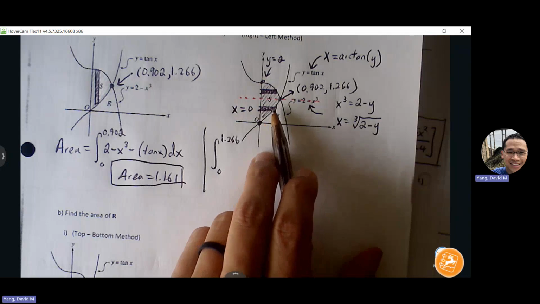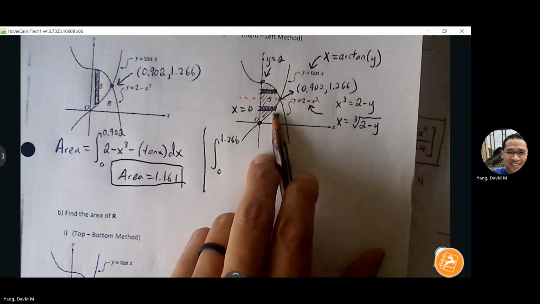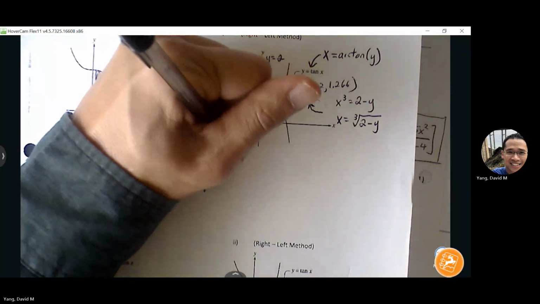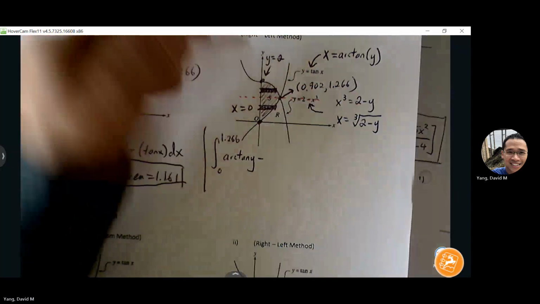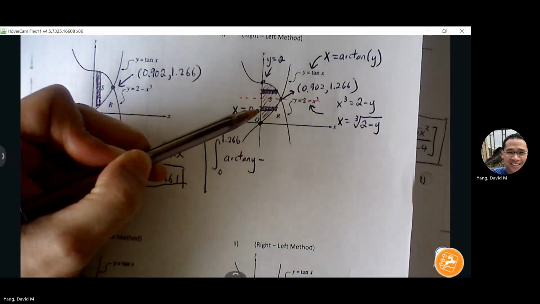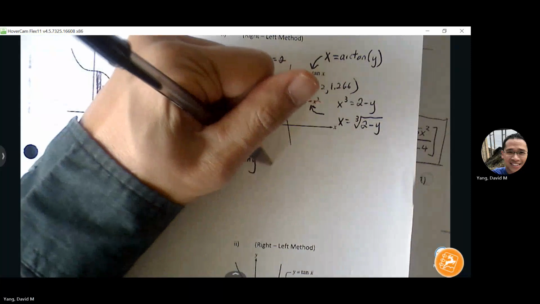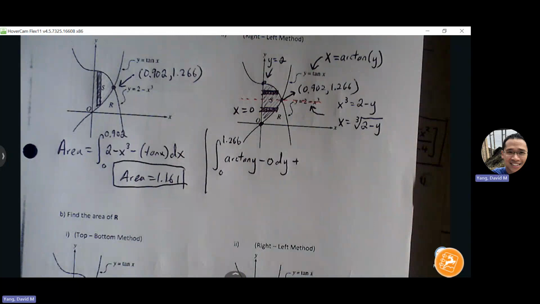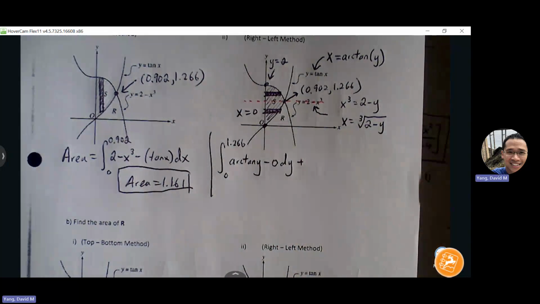No, this one here. This is the arctan y, right? Minus, okay. What's the equation for the y-axis? 0. So that integral will take care of that bottom region below that dotted line that I created.